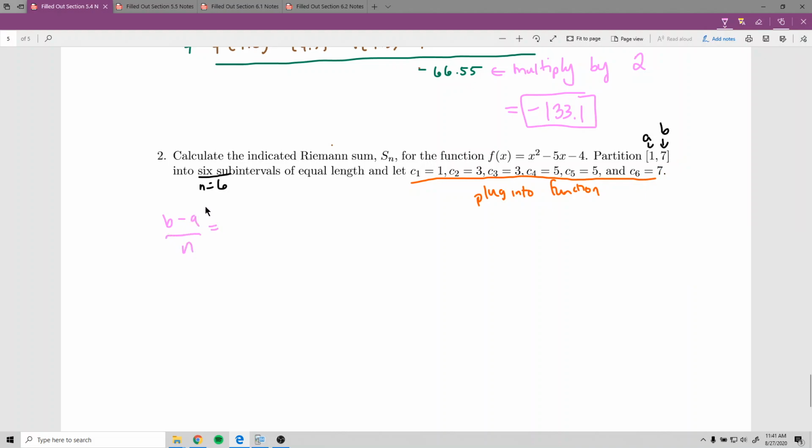I just like to get that done with, because what I also find is when you plug in all the numbers, add them together, and get a number, sometimes it's easy to forget that you have one extra step. All right, but b is 7, a is 1, n is 6, and 7 minus 1 over 6 is 1. So we have a very simple b minus a over n.